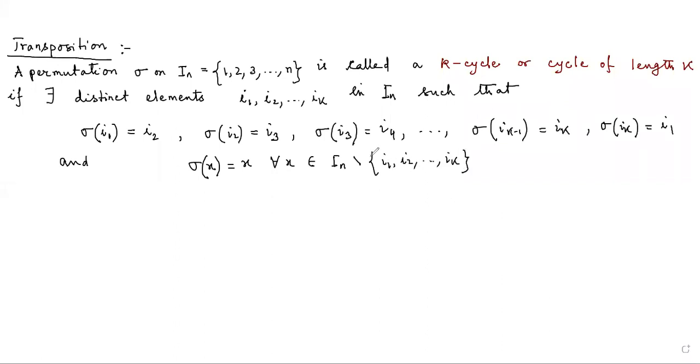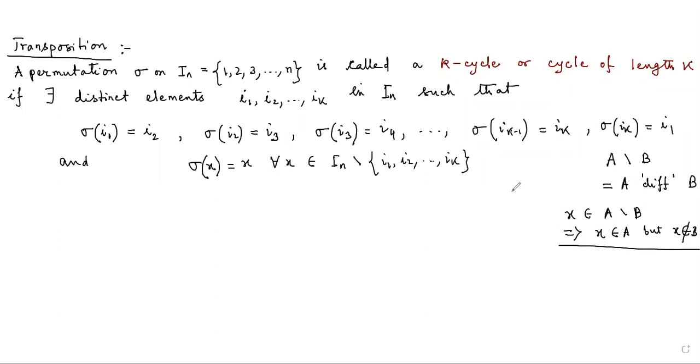Ik. This symbol which I have written over here is called the difference symbol. Just like when we have two sets, capital A and capital B, A bar B or A slash B is called A difference B, and it means that if x belongs to A difference B, this implies x belongs to A, but x does not belong to B. So this is a recapitulation of this symbol.